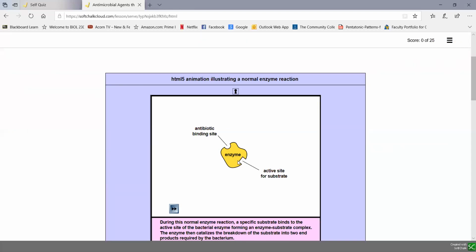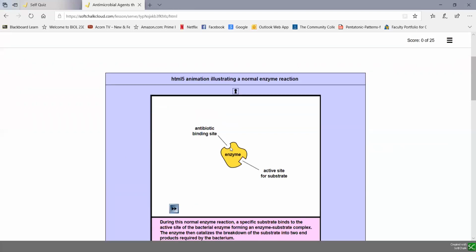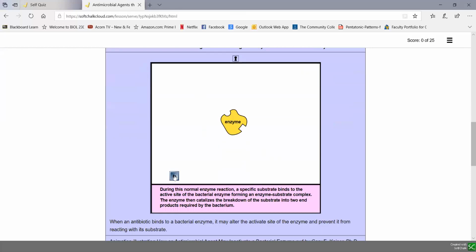But these antibiotics like fluoroquinolones work because they have a shape that fits part of that topoisomerase enzyme. They have a shape that fits another part of the enzyme at a different location. So if the drug is not bound to the enzyme, then the enzyme functions normally. It takes the substrate, does whatever it's supposed to do to that substrate. The enzyme functions.